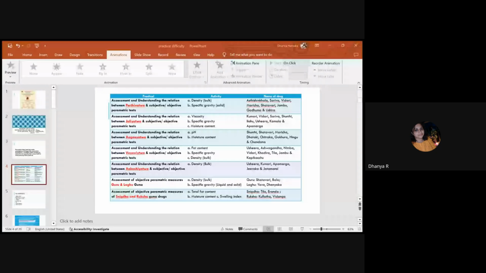Now is it visible, madam? Yes, now it's visible. The table, the slide with the table? Yeah, the slide with the table is visible. Can you put it on presentation mode?